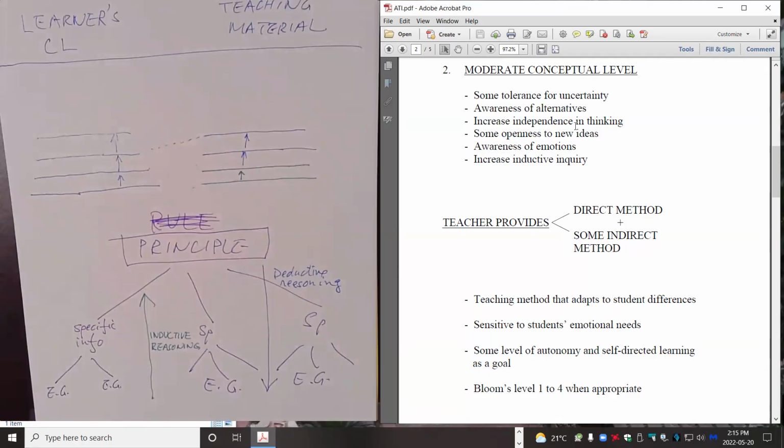So the teacher may want to nurture this independence in thinking. Therefore, some level of autonomy and self-directed learning as a goal.